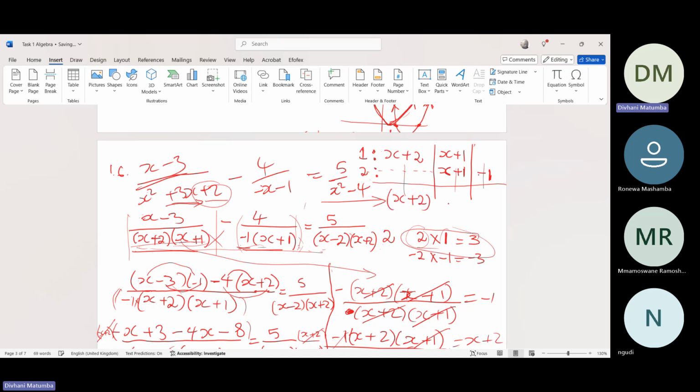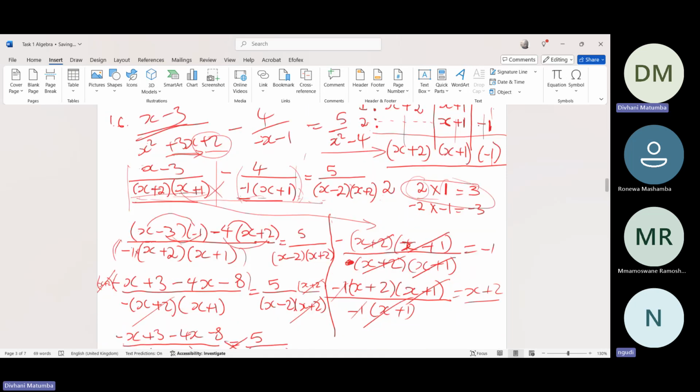I will drag x plus 1 down, and I will drag this factor, which is -1. So our LCD ends up being x plus 2 times x plus 1 times -1.